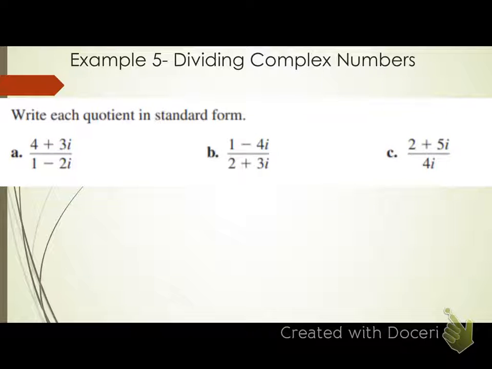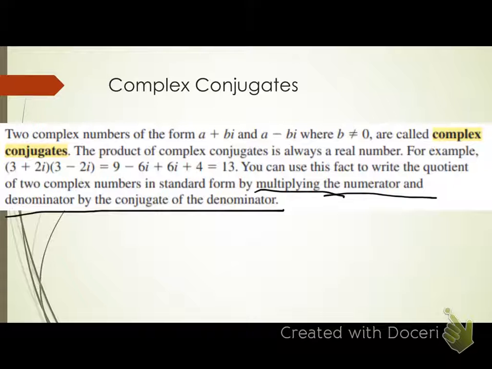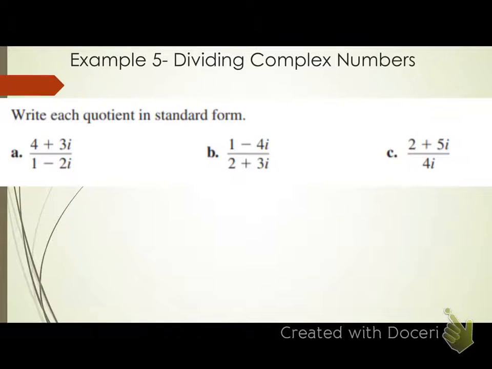So let's look at some examples. Letter A says 4 plus 3i over 1 minus 2i. So once again, I want to find the conjugate of the denominator. So my denominator is 1 minus 2i.